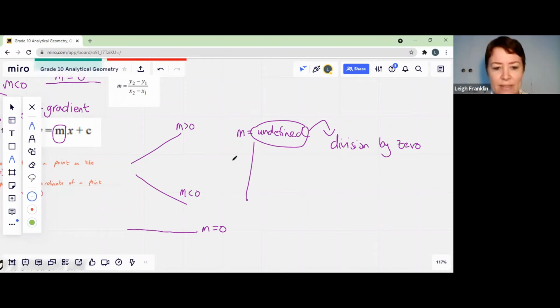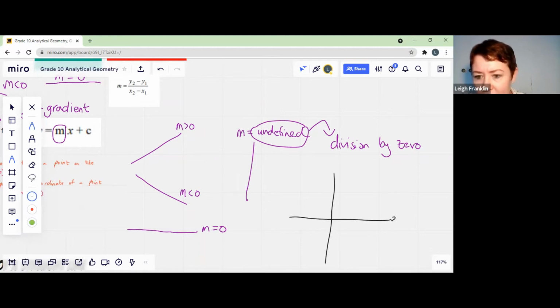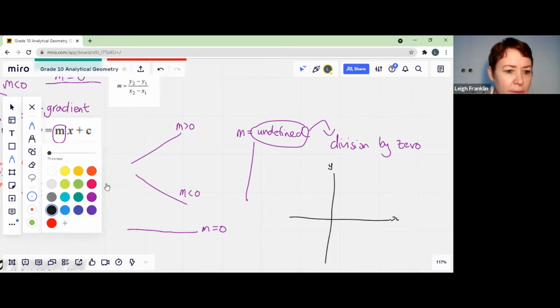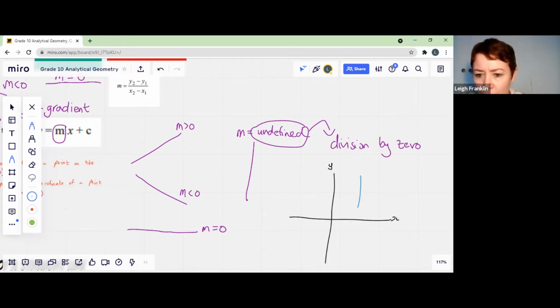So what I mean is this. Let's draw a better looking Cartesian plane. Hopefully my lines will be a little bit straighter. So that's an x-axis and that's a y-axis. Here in blue is a vertical line, badly drawn by me, but a vertical line nonetheless.